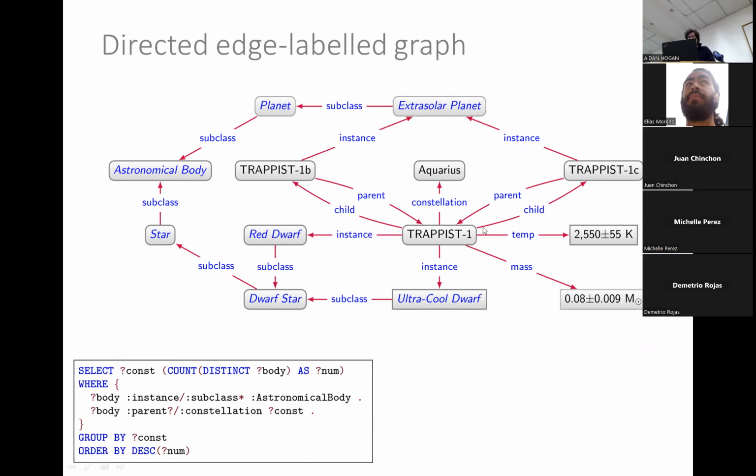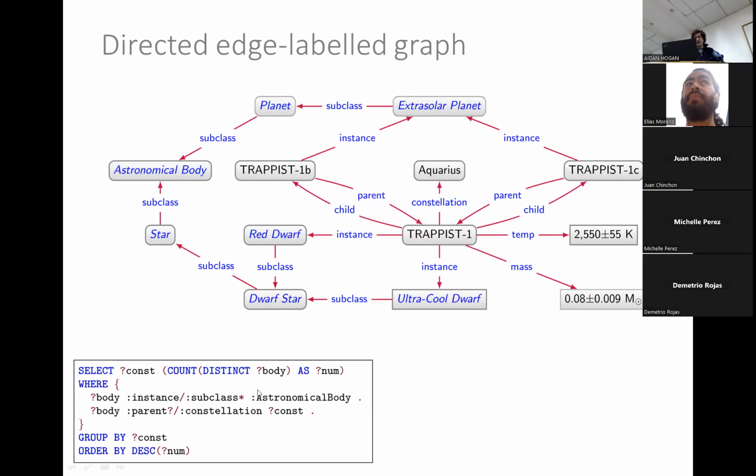We have TRAPPIST-1, which is a star in the constellation Aquarius. Its child or planet around it is TRAPPIST-1b. Another one is TRAPPIST-1c. I think it has about 8 planets in total. This was a star discovered using a telescope in Chile. We see some mass and so forth. So we represent data in this way with nodes and labeled directed edges.